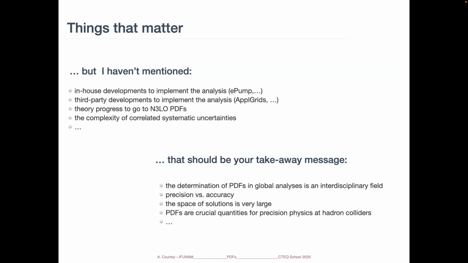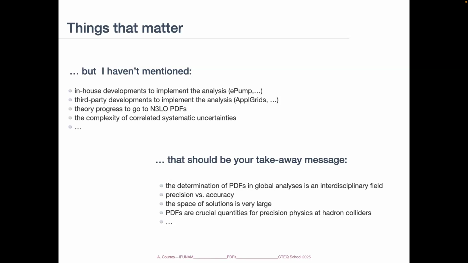Things that matter that I have not mentioned: in-house developments, mini codes like xFitter, and third-party developments for the analysis. Many codes are used as well, like APPLgrids and other things, and theory programs to go to x-space PDFs. That's important as well. There's all the complexity of the correlated uncertainties, and things that we don't have time to mention.